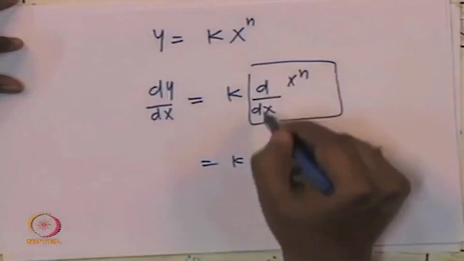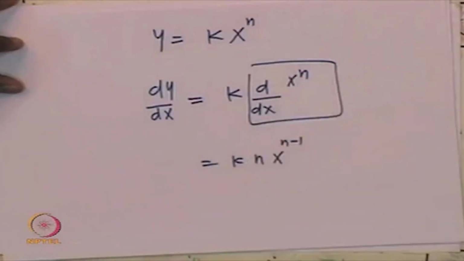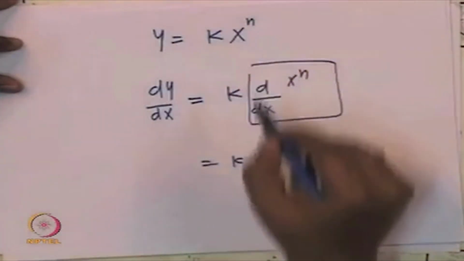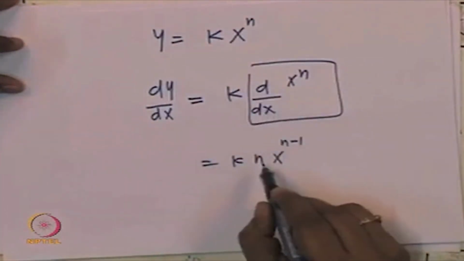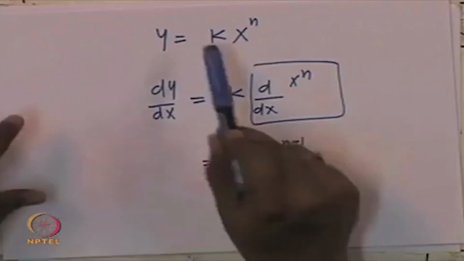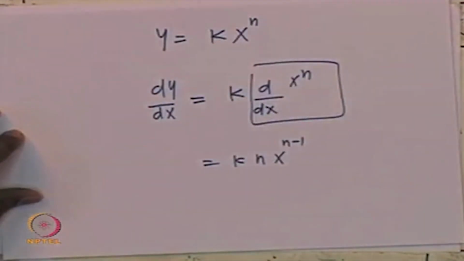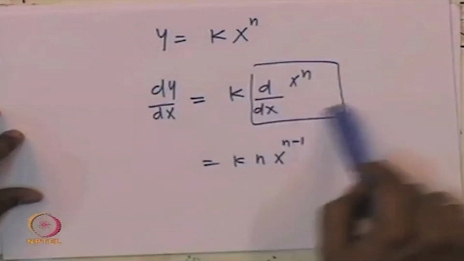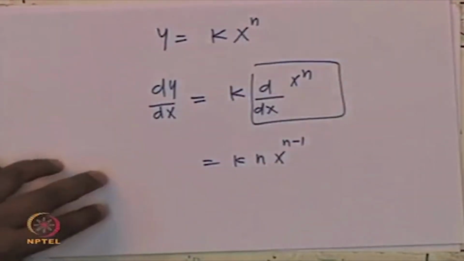So, when you multiply with a constant, that constant just stays there and you find the derivative of the function. That is the rule in mathematics.